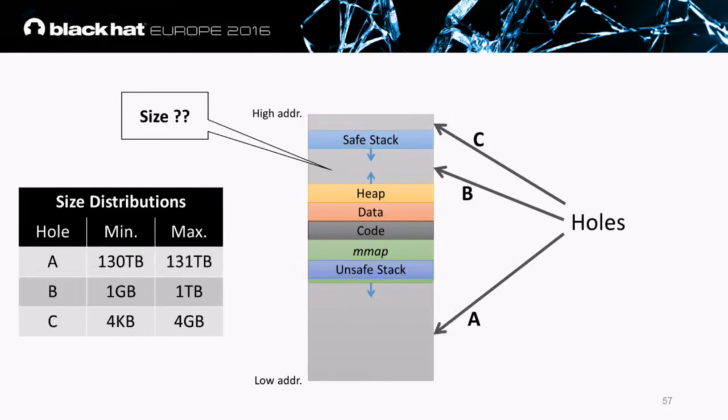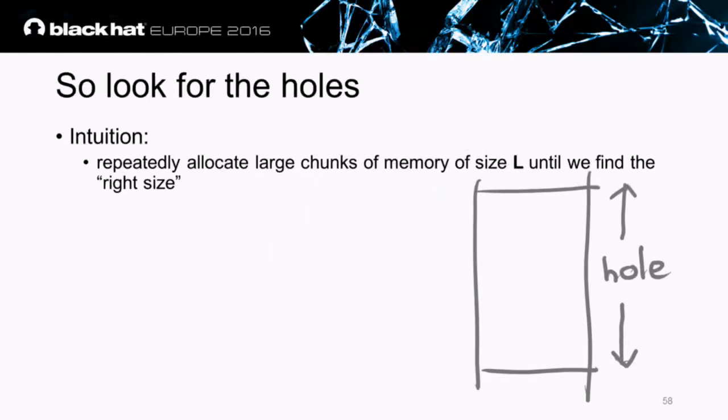In this memory model for the process, these three holes have a minimum and a maximum size. So the idea is that we will try to allocate large chunks of memory, and by doing this repeatedly, we will try to infer the size of the hole.